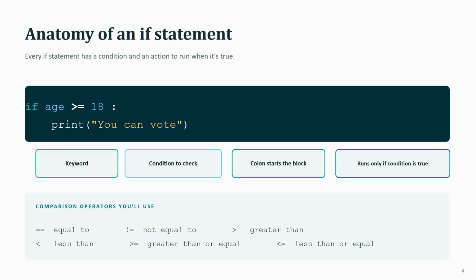Anatomy of an if statement. Every if statement has a condition and an action to run when it's true. So we all know that if a condition is there, there should be a syntax for that.